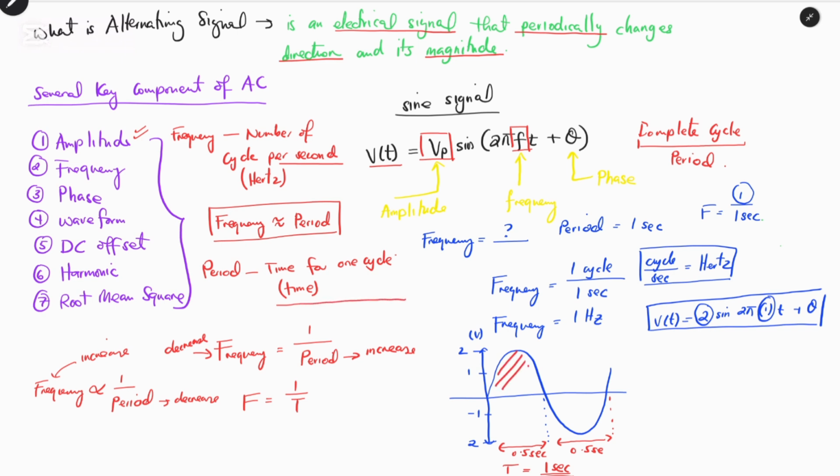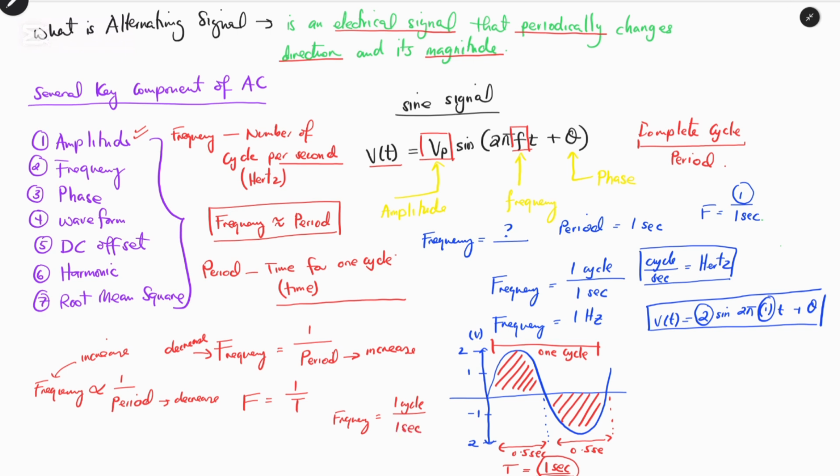So we have a half cycle and another half cycle. This is now the full cycle, which is the one cycle. The time taken to complete is 1 second. Therefore, the frequency is describing one cycle over 1 second.